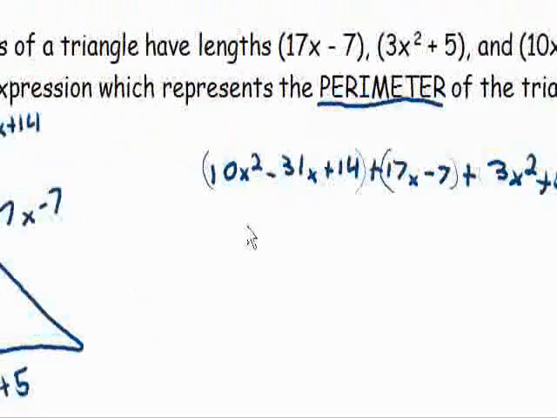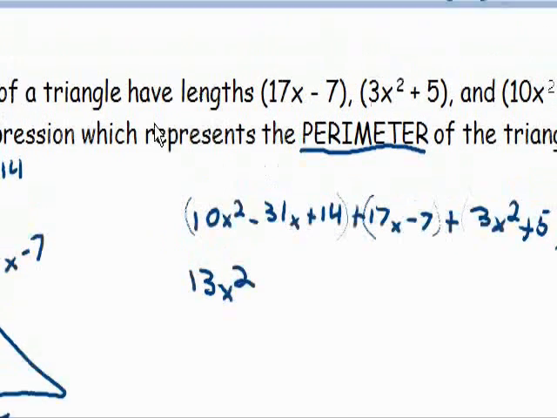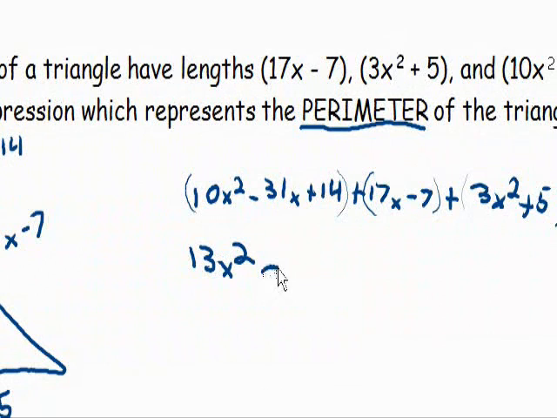Okay, let's combine our like terms. I see two square terms. 10x squared plus 3x squared is 13x squared. Negative 31x plus 17x, what is that? That's negative 14x.